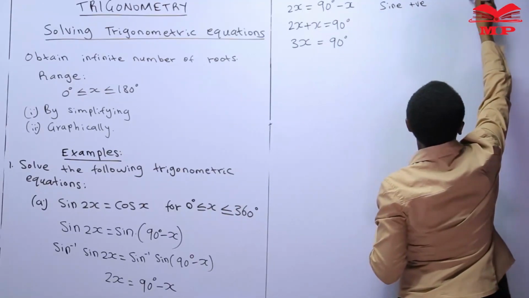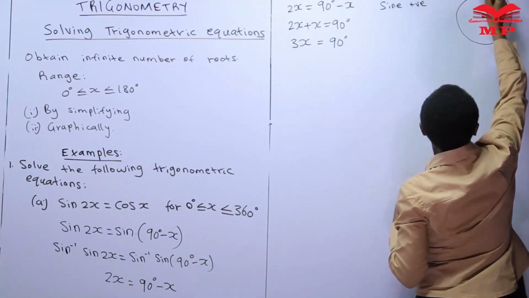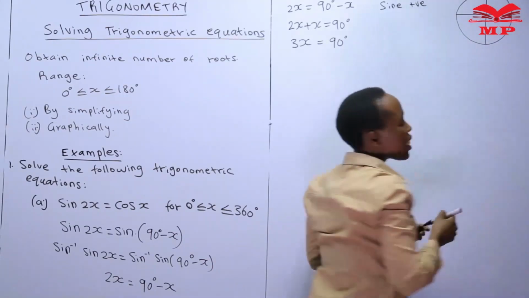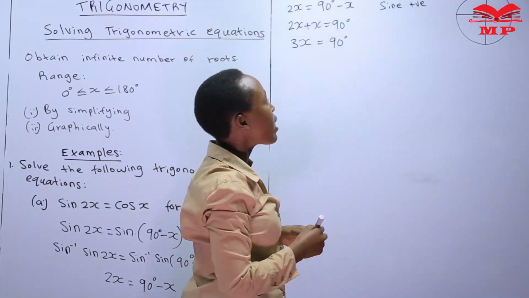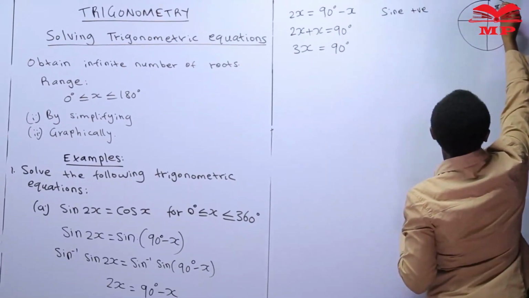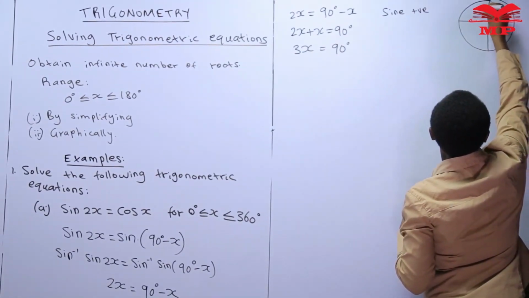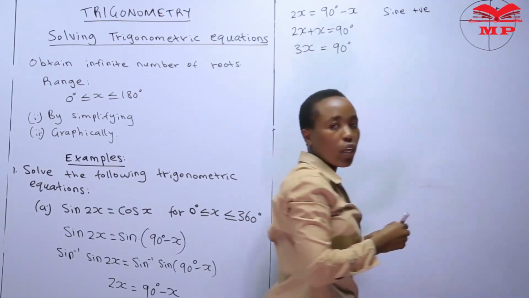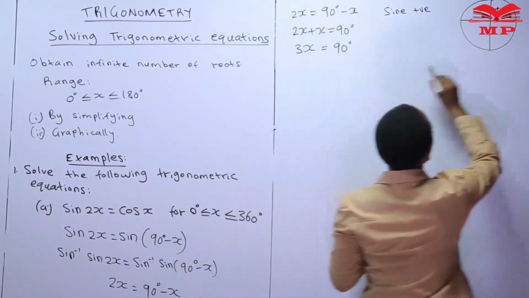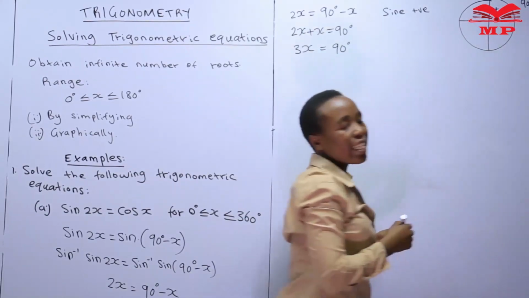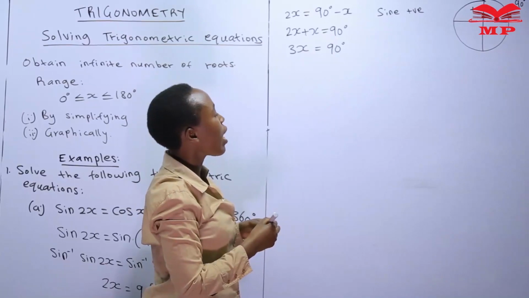Again, we consider the unit circle and where the sine is positive. Here the sine is positive, again here the sine is positive, here it is negative, and also in the fourth quadrant.